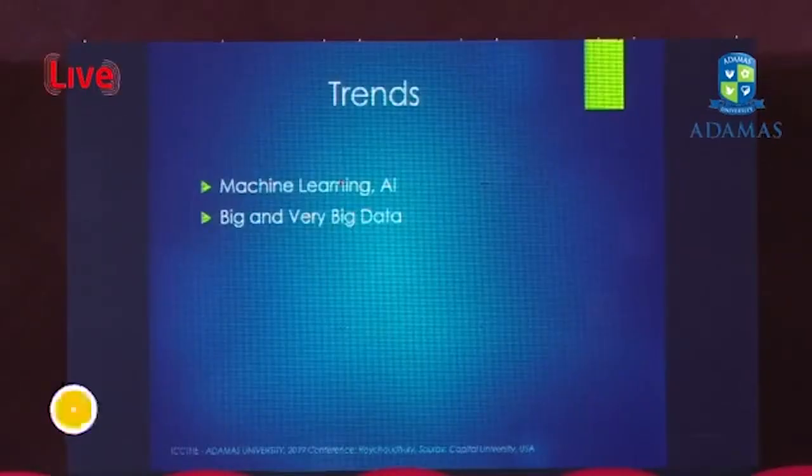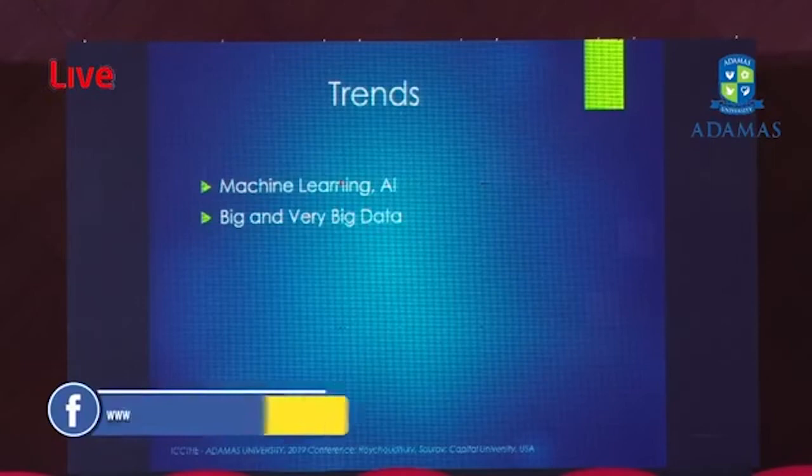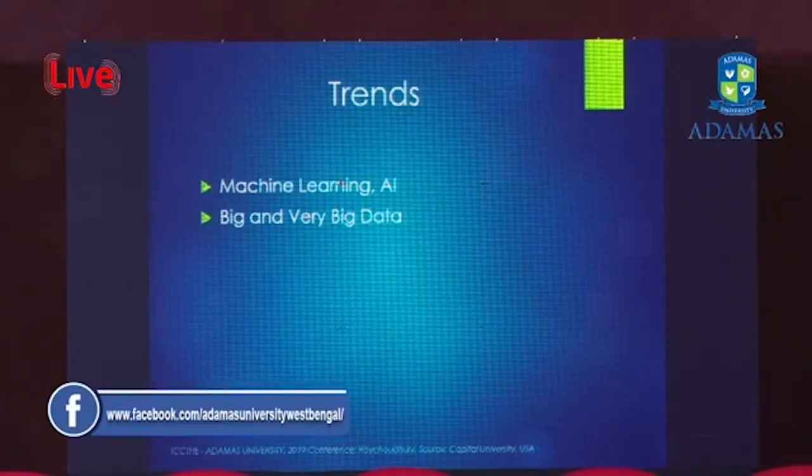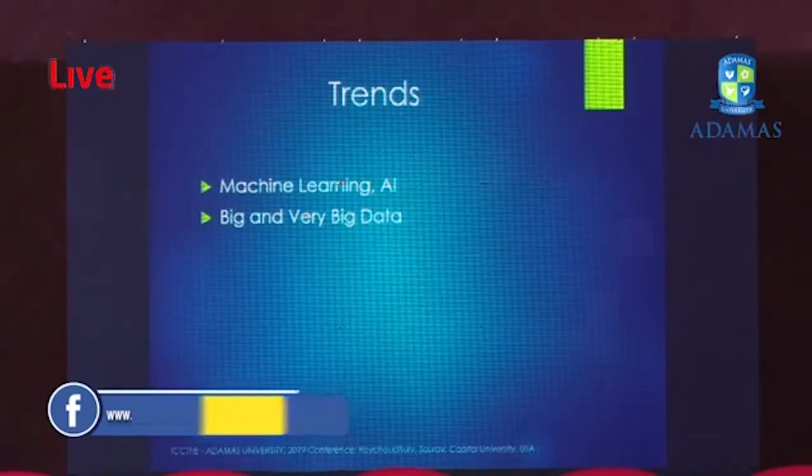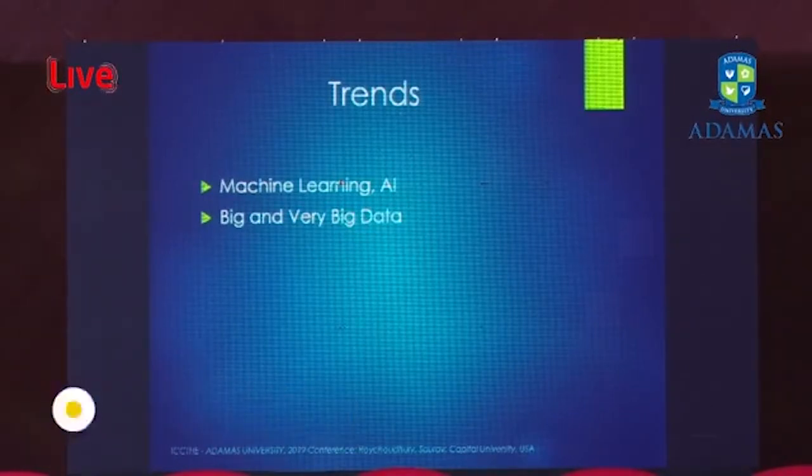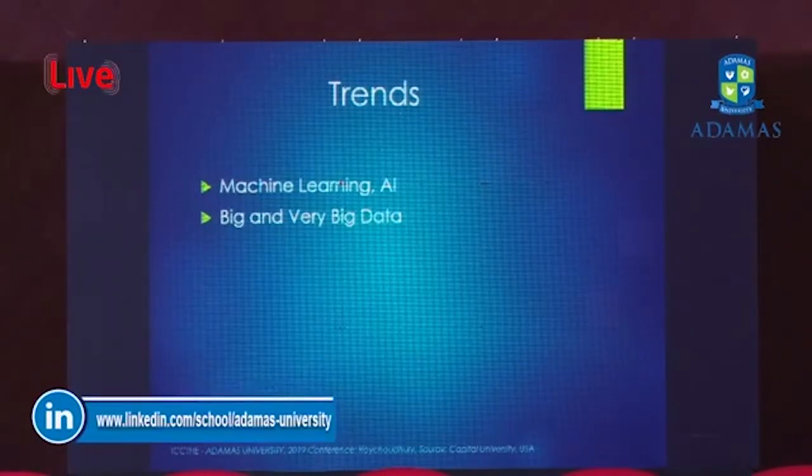So this is one. Now some trends I'm talking about. One is machine learning and AI. There has been a lot of application in machine learning and AI, and the reason is the availability of big, very big data. In fact, it's being used everywhere, and some of the things you need to know to learn machine learning are Python and R and other stuff, which even I have little idea about.